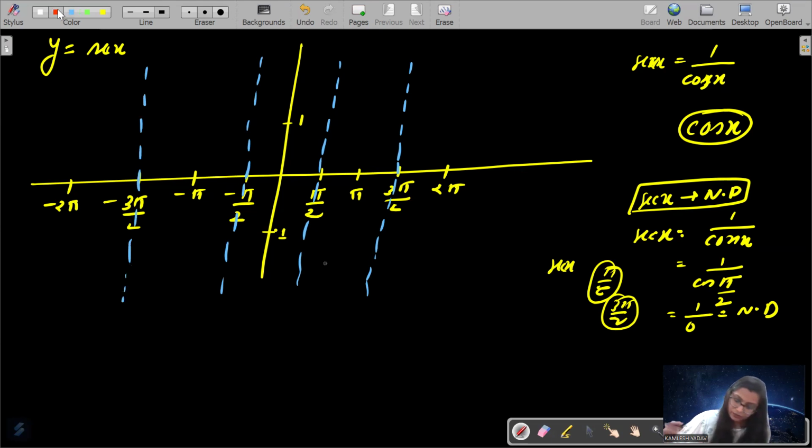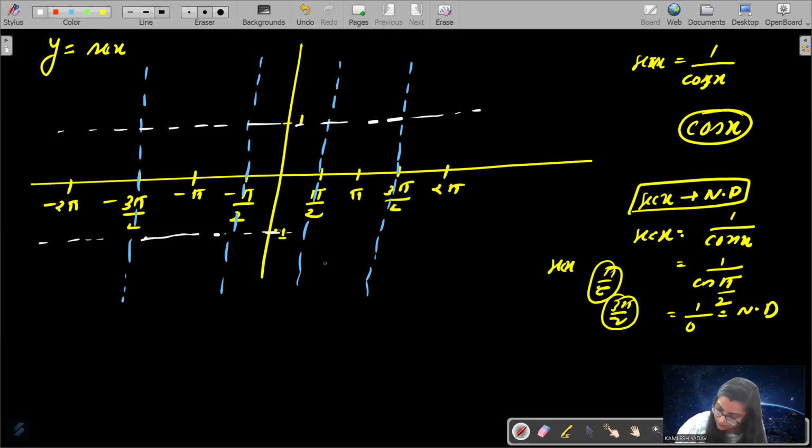Okay, now we draw the graph of cos x. So the graph of cos x, we draw like this, pi by 2, then 3 pi by 2, and so on.